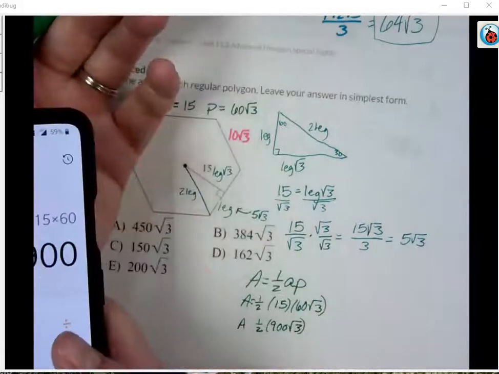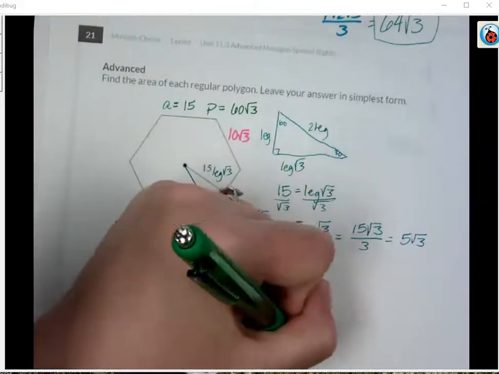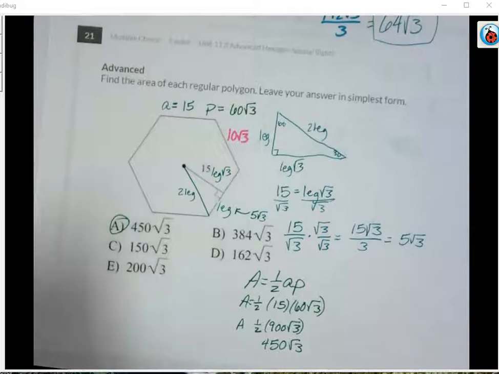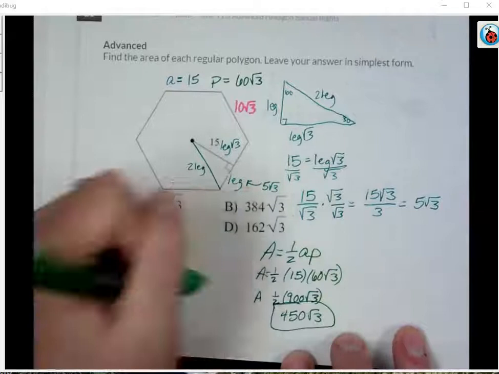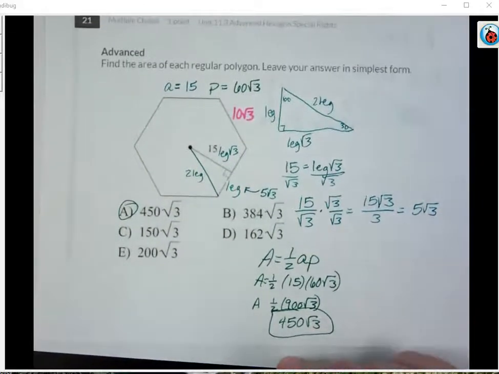Okay, because we need to cut that in half still. So 450 root 3 is going to be the answer, which is A. That's quite the question. There's a lot going on there. All right, you just have to use special right triangles to solve for those two.